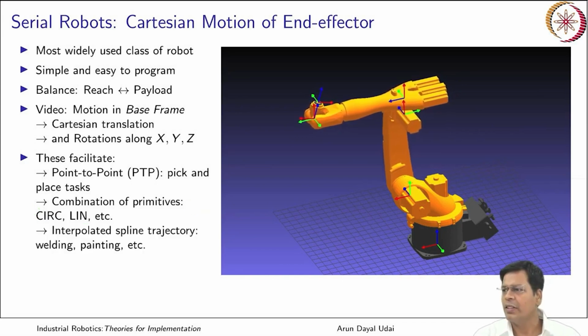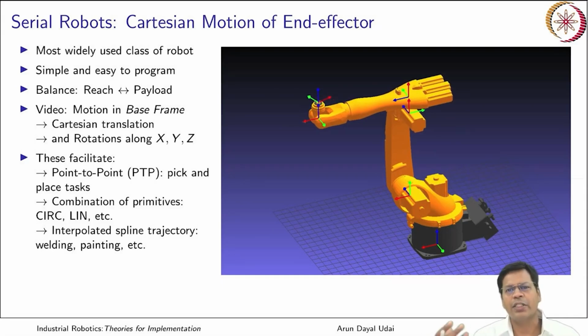Okay, and it can also do interpolated spline trajectories, which are mostly common when we do a painting job, a welding job, a gluing task or laser cutting. You have already seen various such kinds of motion where you require a robot to move in a free form shape in the space. So that can be programmed.